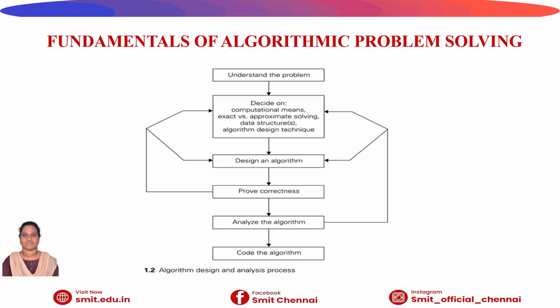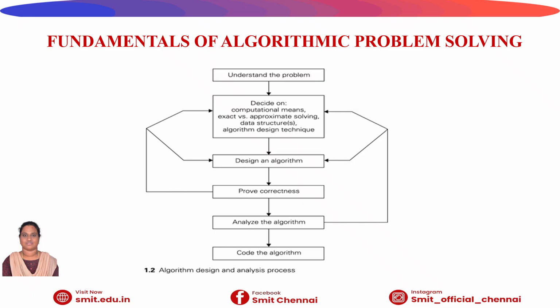So next one is fundamentals of algorithmic problem solving. This shows the algorithm design and analysis process. Here a step-by-step explanation is given. First of all, step 1 is understand the problem. Step 2, decide on. Here there are 4 subdivisions.